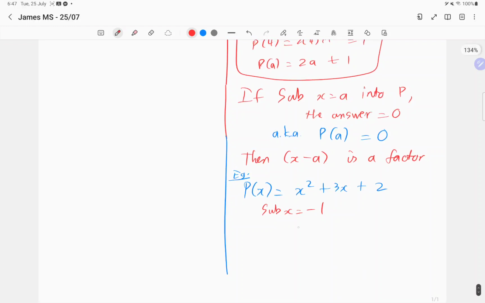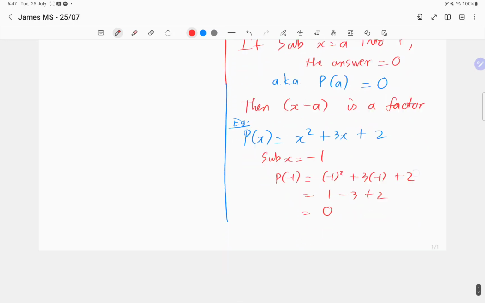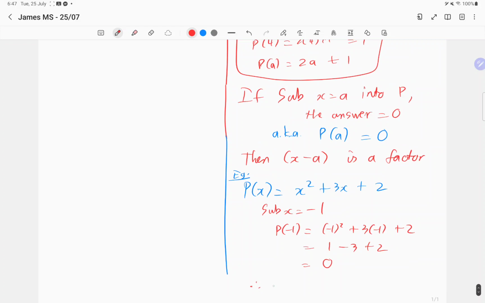When you sub x equals -1, then p of -1 would be -1 squared plus 3 times -1 plus 2, which is 1 minus 3 plus 2, which is 0. So what does the factor theorem say? The factor theorem says that therefore x minus that number, so x minus -1, is a factor.